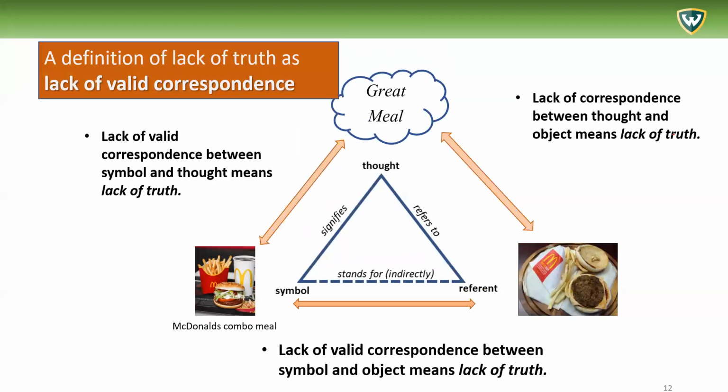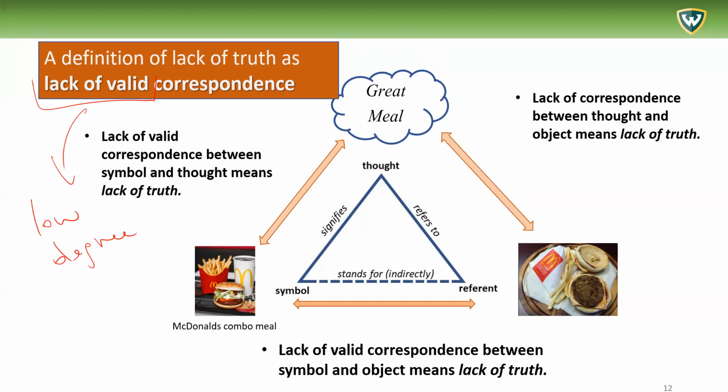By these definitions, we can then determine that a lack of truth is a lack of valid correspondence, though that sounds kind of binary. We can even say maybe a low degree, or not sufficient, degree of correspondence.